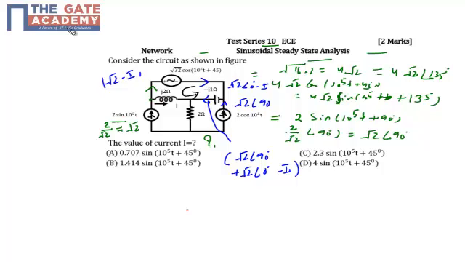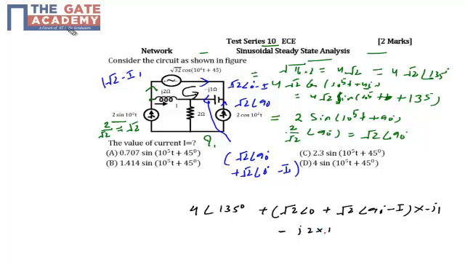My KVL equation is 4 with angle of 135 degrees for the voltage source, plus across the capacitor, the total effective current is root 2 with angle of 0 plus root 2 with angle of 90 degrees minus I, into the reactance, which is given as minus j1, and minus of j2, which is the reactance of the inductor, into current I. So this whole is equal to 0.